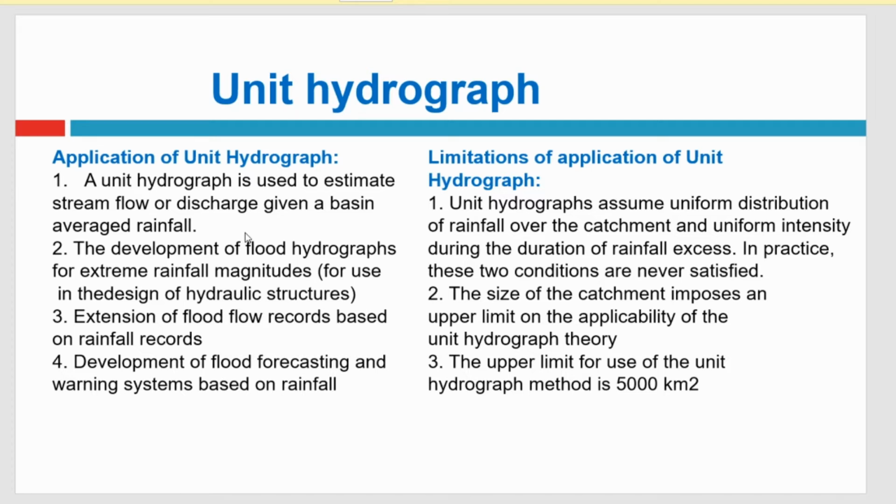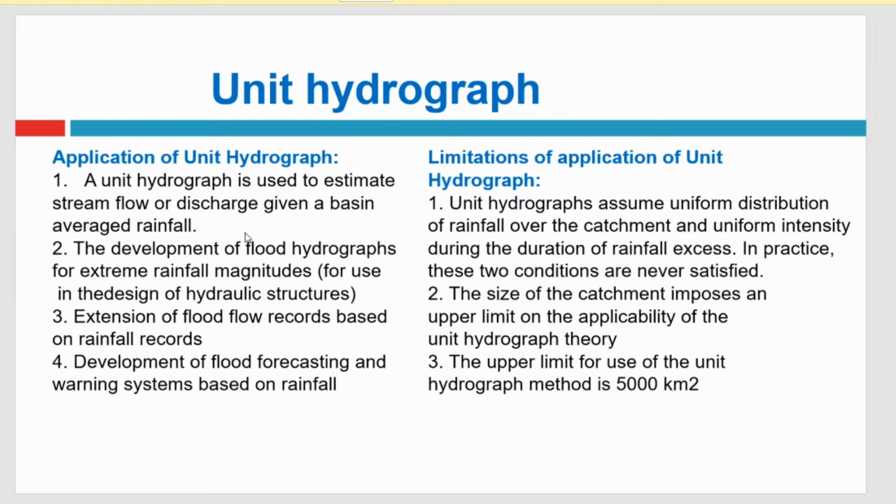Unit hydrograph can be used for estimating the discharge in the river. You can calculate how much runoff is going to take place if there is a rainfall of 5 centimeter or something like that. Now imagine we have derived the unit hydrograph, which represents the ordinates of discharge in the stream for 1 centimeter.